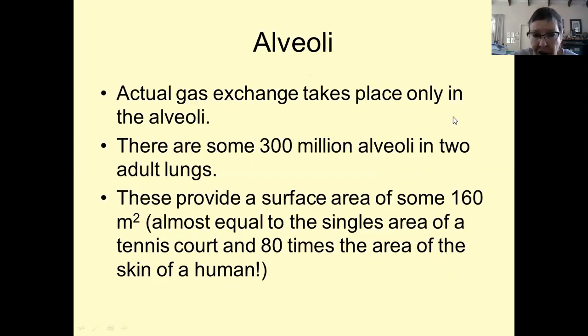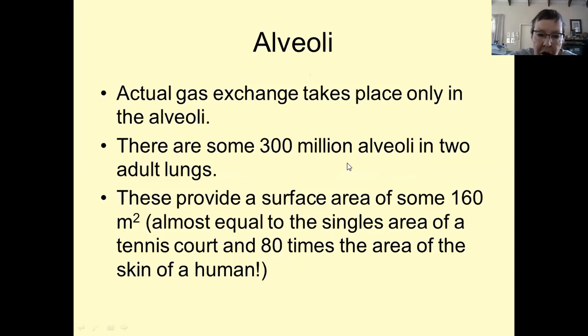Okay, actual gas exchange takes place only in the alveoli. So oxygen is absorbed from the air and goes into the capillaries. Carbon dioxide passes from the capillaries into the air in the alveoli and is breathed out again. Okay, gaseous exchange does not occur in the trachea, the bronchi, the bronchioles, only in the alveoli.